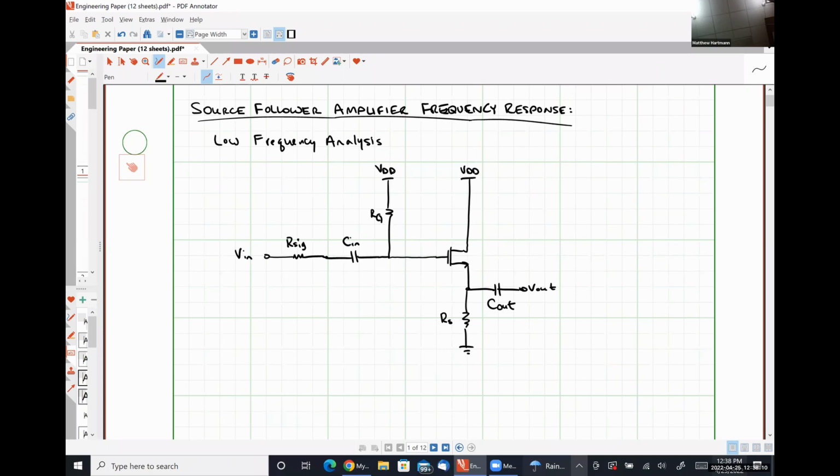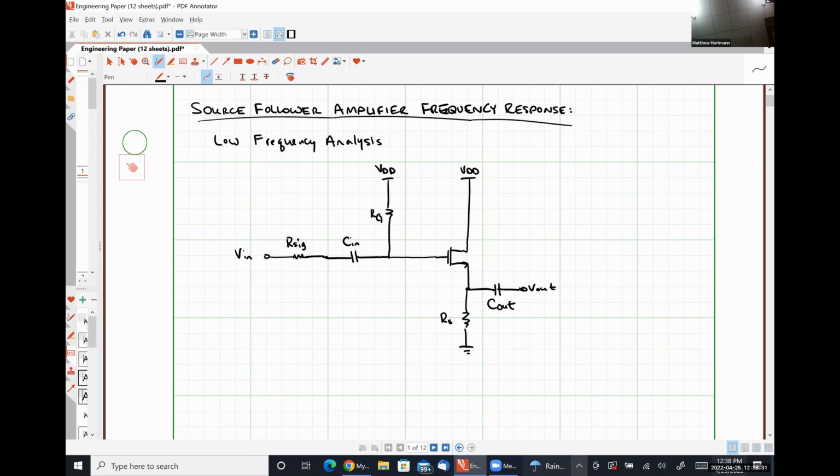If we were to connect a load to this output capacitor, then we would be completing the circuit and giving ourselves a path to ground. So we'd have a voltage divider at the output stage. But with this guy open circuited, it's not going to really mess with anything. And I'm going to show you exactly why it works out that way. I'm not just going to go on faith here.